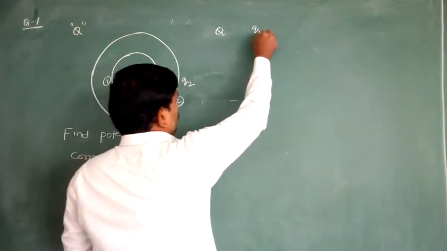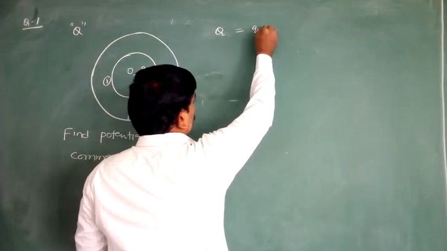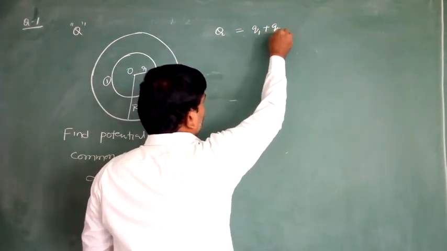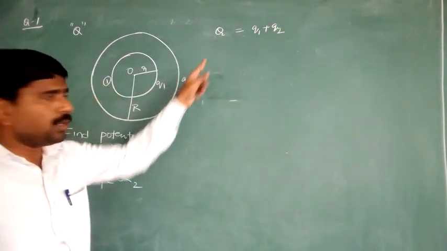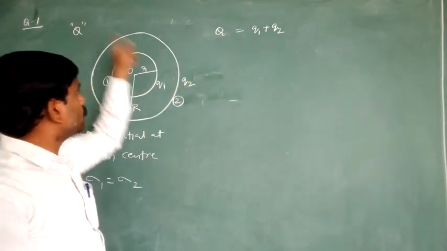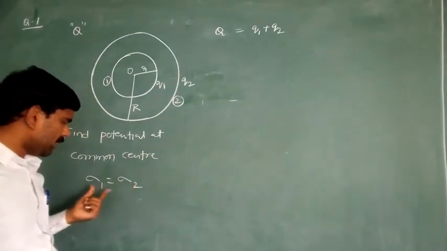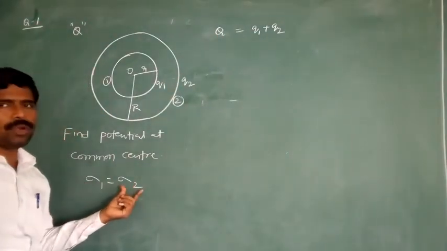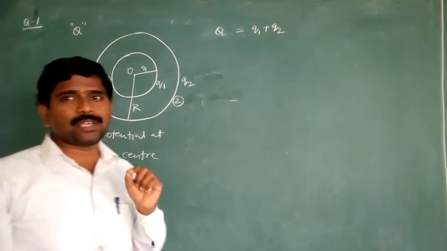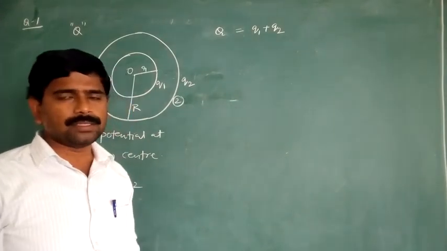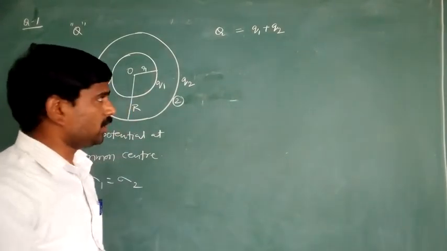So Q is equal to Q1 plus Q2. One more condition they have given: sigma 1 is equal to sigma 2, surface charge densities are equal.